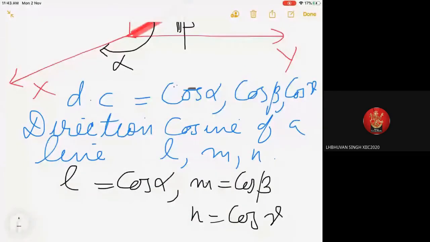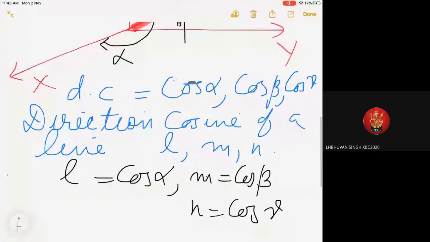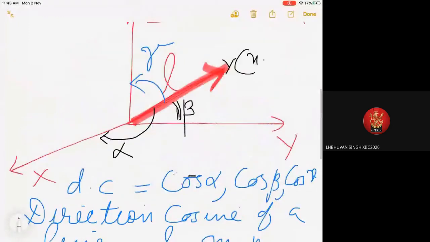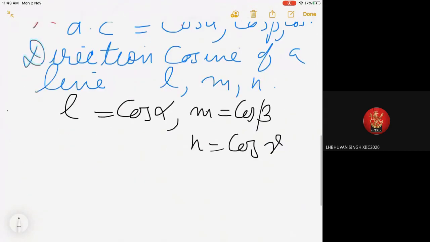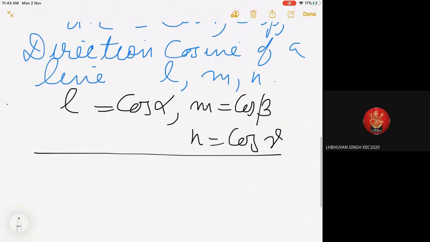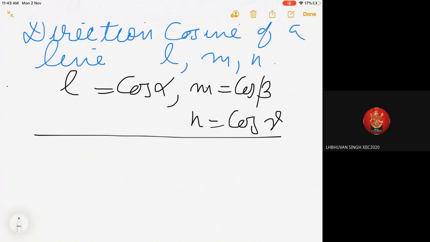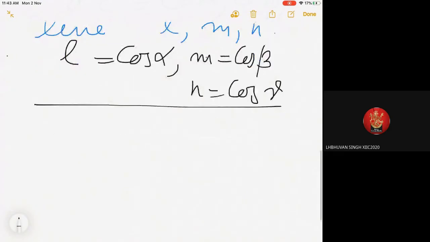Now, if you consider this point as x, y, z, and we know that l, this is the direction cosine, l equal to cos alpha, m equal to cos beta, and n equal to cos gamma. There is a famous identity connecting l, m, and n, and how x, y, z and l, m, n are connected.